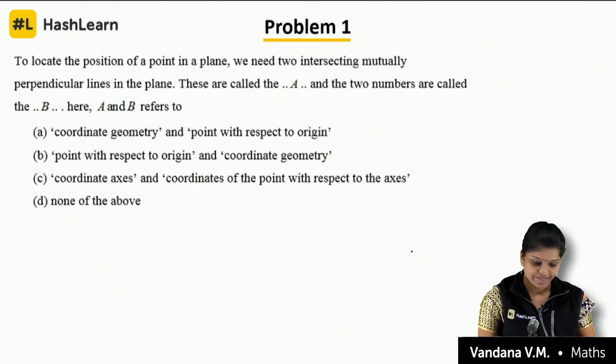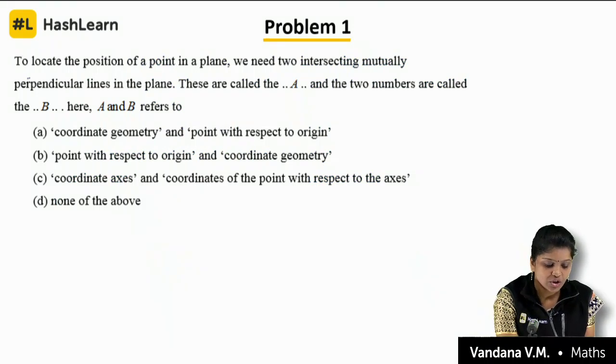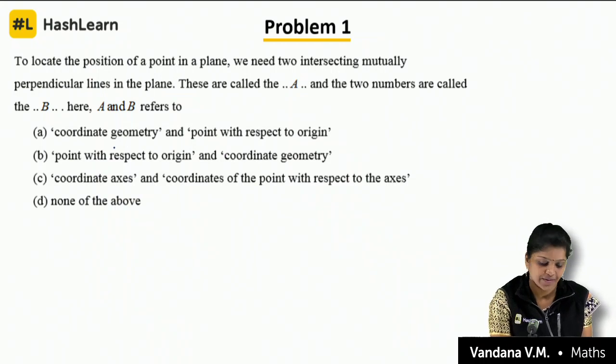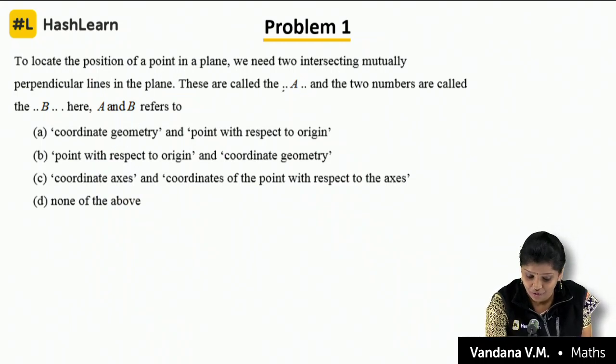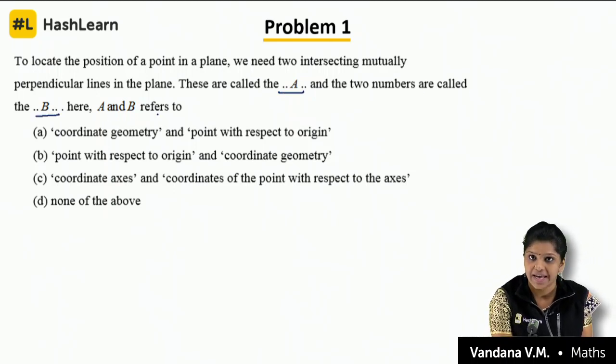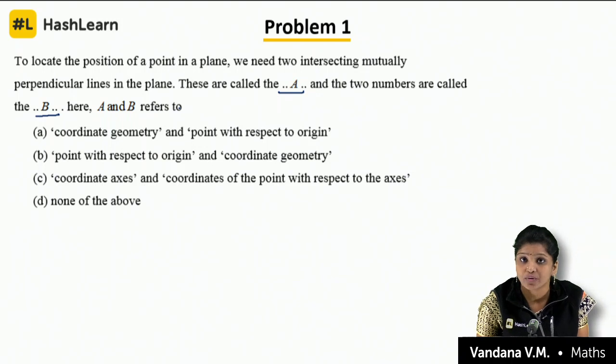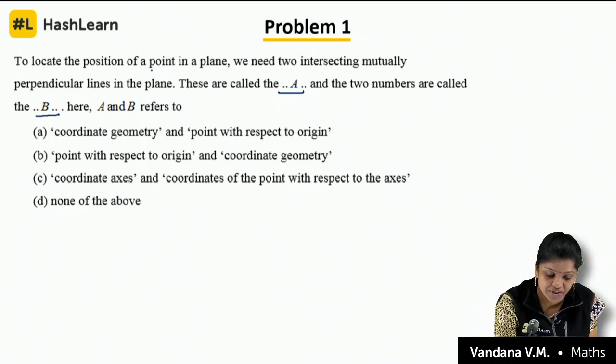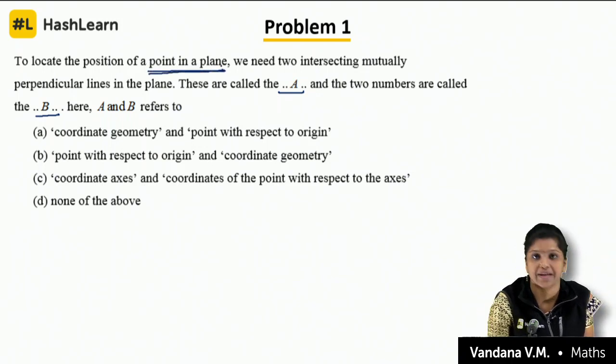The first problem. To locate the position of a point in a plane, we need two intersecting, mutually perpendicular lines in the plane. These are called the dash of A, and the two numbers are called B. Here A and B represent a point in a plane.